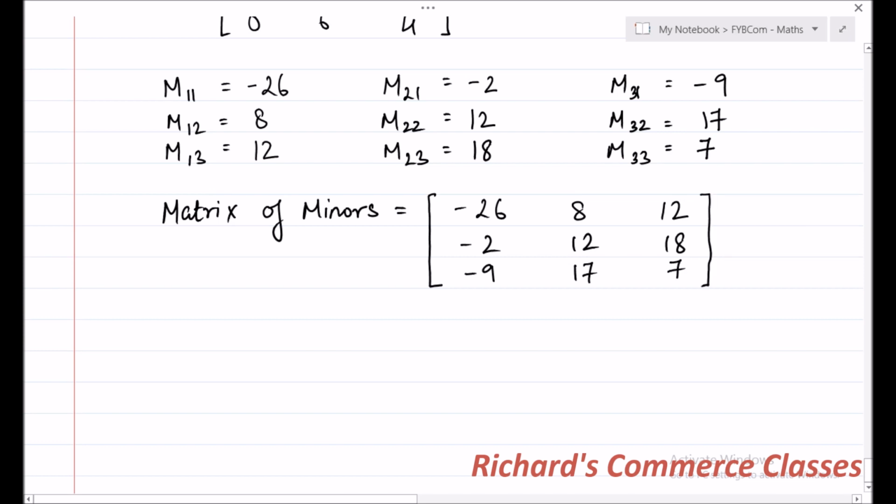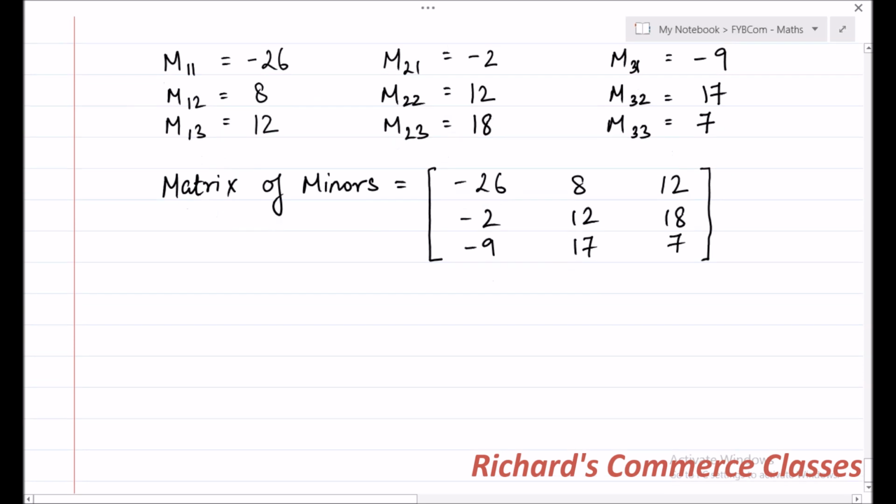Again, if you need, pause the video and compare your answer with this step. What you have done is calculated the matrix of minors and you have finished your step 1. Step 2 will be calculating the cofactor matrix.